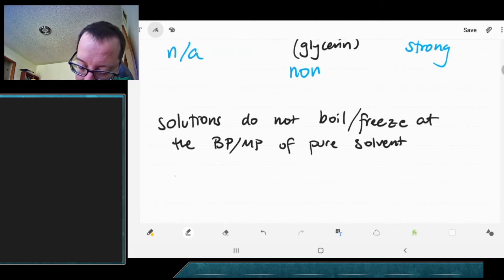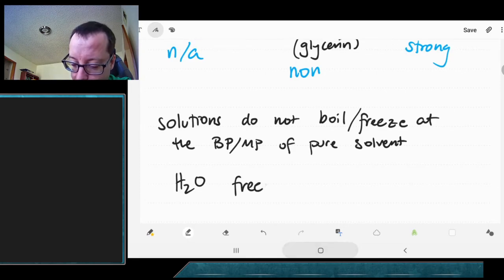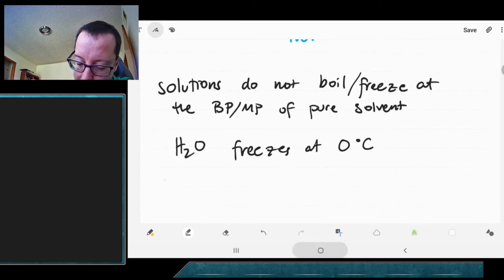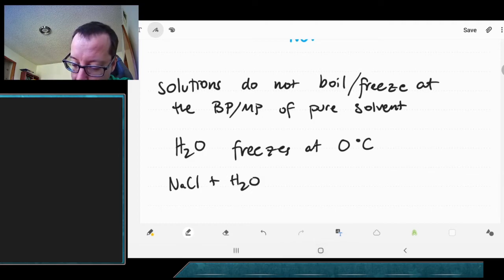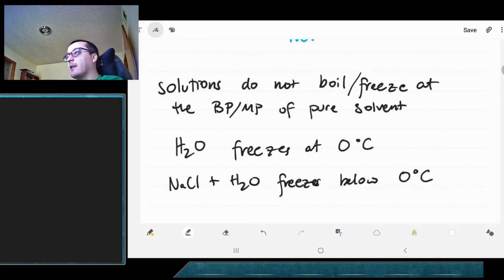We know H2O freezes at 0. But if we throw NaCl in there, salt water, it will in fact freeze below 0 degrees.